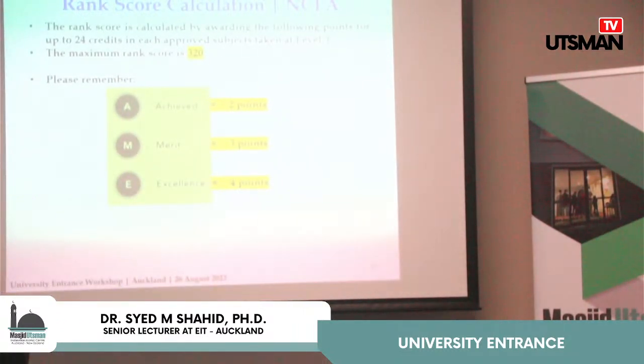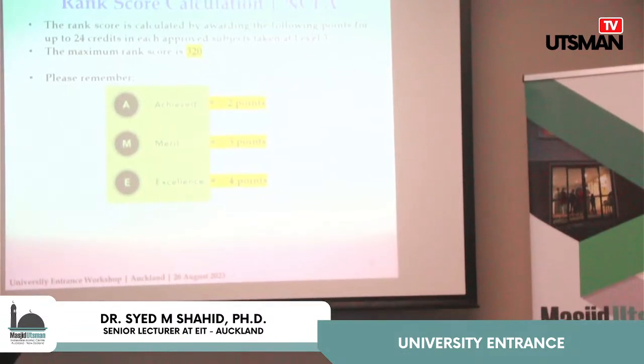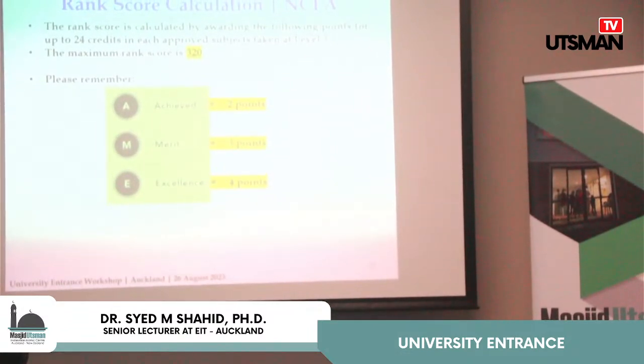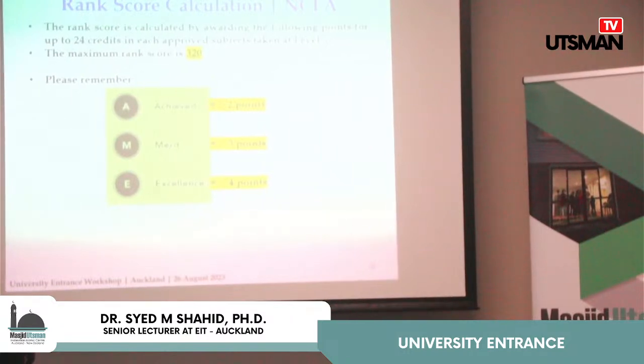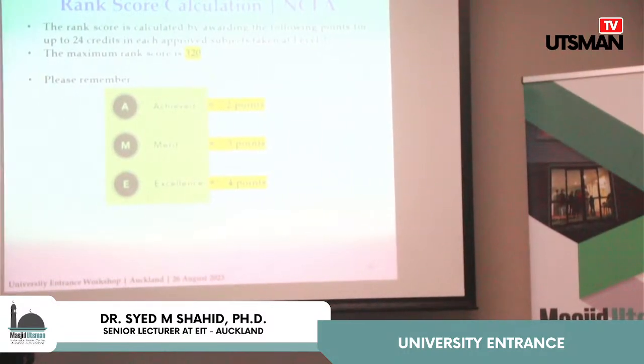What is the difference? You and your friend both have 80 credits, but you have them with excellence. How many points? 80 credits with excellence, 80 times 4, 320.